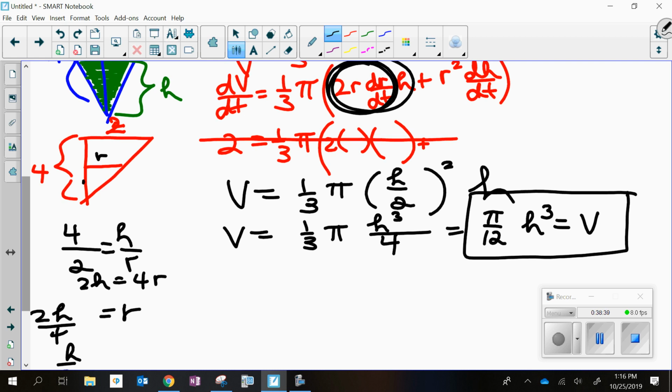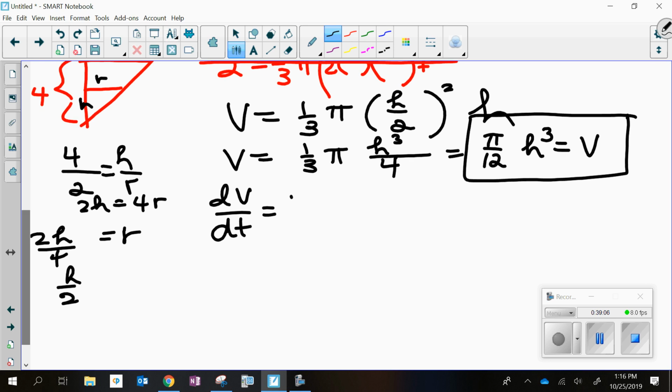Now, that's going to happen occasionally that you're like, wait, I don't have enough information. You are never going to be able to come up with a dr/dt or a derivative if you're not given it. So it has to disappear. All right, so now what's dV/dt equal to, Sarah Chung? Whenever you're ready.